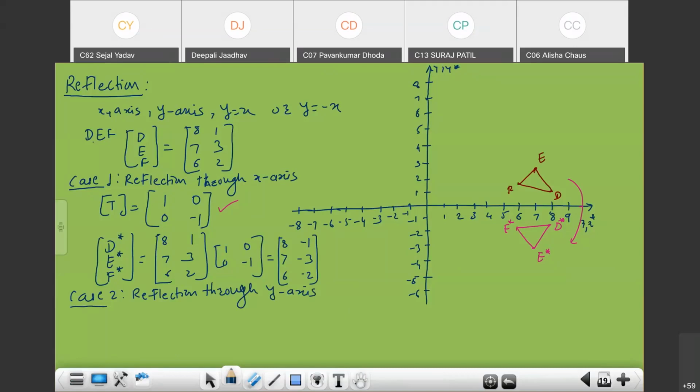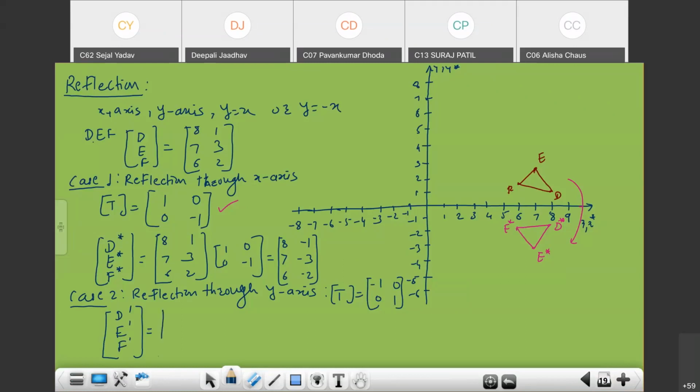So the transformation matrix T is minus 1, 0, 0, 1. Now A becomes minus 1 and D becomes plus 1. Put this value and find out another. I give the names D dash, E dash and F dash to these coordinates.